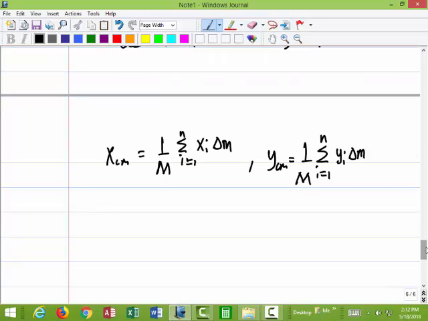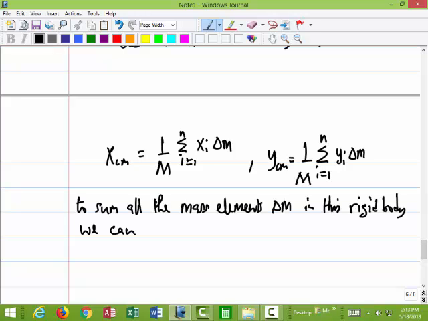So in order to sum all these elements of the mass, we can use calculus. To do so, we can imagine that we continue dividing the mass into tiny elements until we have a very tiny mesh of mass elements, and then we add them all together. This is essentially what we do in calculus when we do an integral.